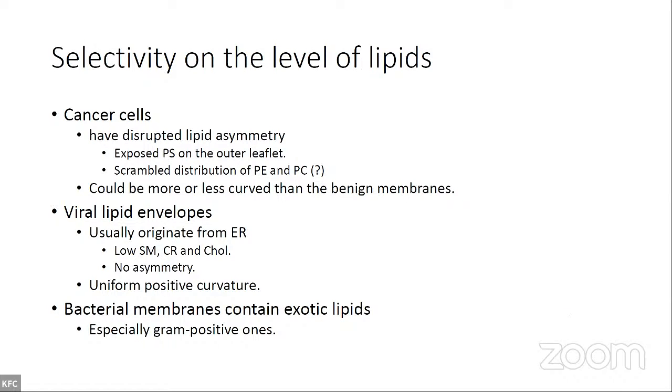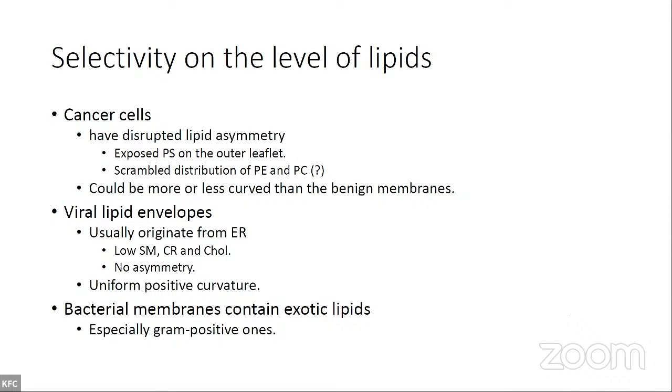Next step, each drug has to be selective. Is it possible to be selective at the level of the lipids? Well, the answer is yes and no. As I said, the differences in lipid composition between the cells are quite small. But for example, in cancer cells, we know that the lipid asymmetry between the monolayers is disrupted.